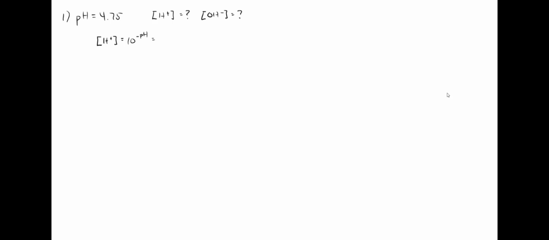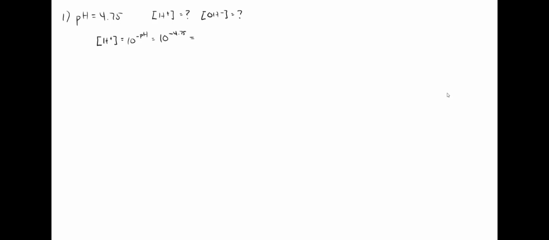So that's simply 10 to the negative 4.75. And this would have units of molarity. I'll add them at the end. Negative 4.75 is not considered an acceptable answer, so we're going to have to use the antilog. So we say 10 to the negative 4.75 in the calculator.